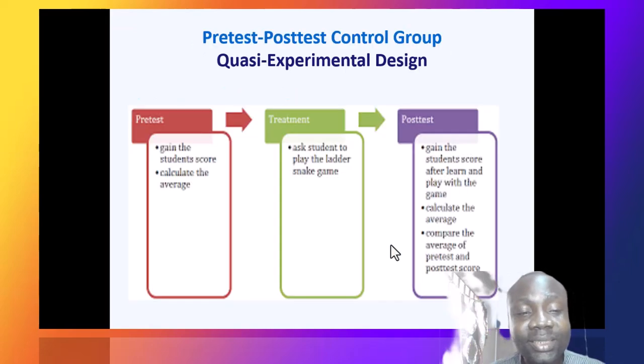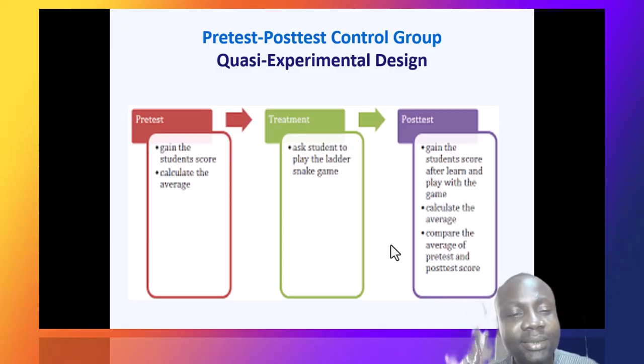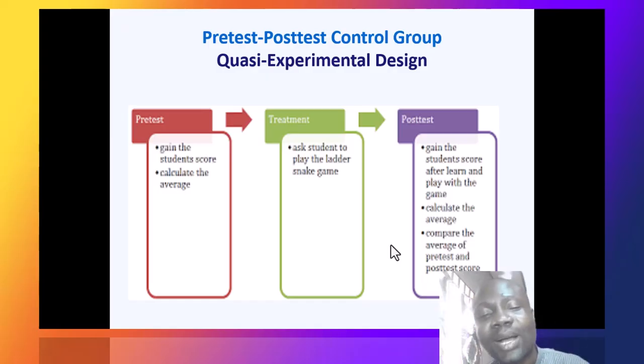The execution is that there will be a pre-test to determine the student knowledge, achievement, interest, emotional intelligence. Pre-tests will be administered for both the treatment and the control group. Then when it comes to the treatment, it's only one group that will take it.